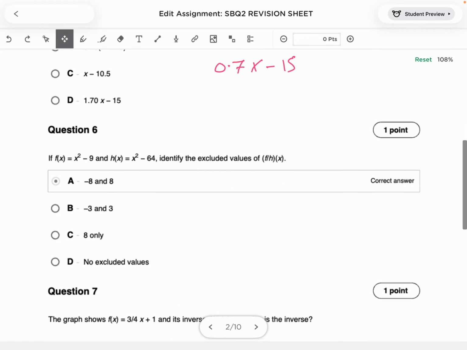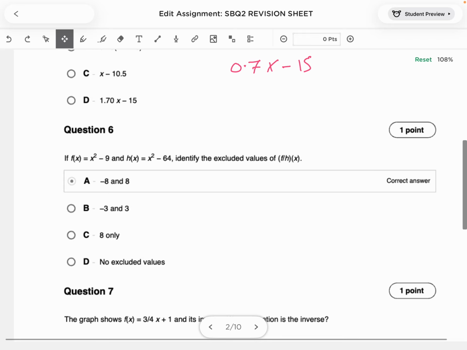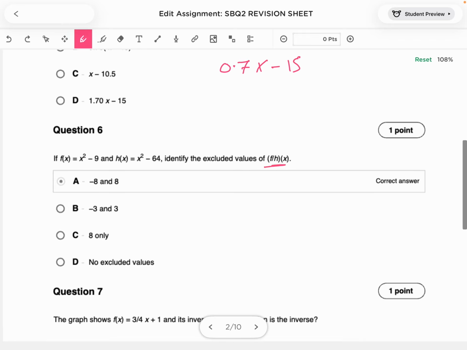They give us f of x and g of x. They need the excluded values of f over h, meaning x squared minus 9 over x squared minus 64. The excluded values are the values that make the denominator equal to 0.